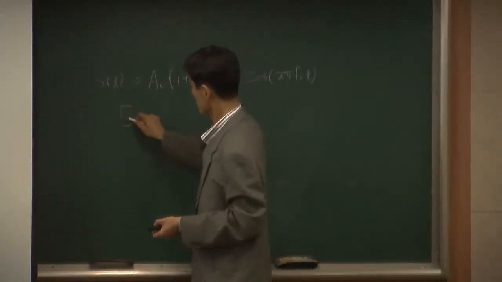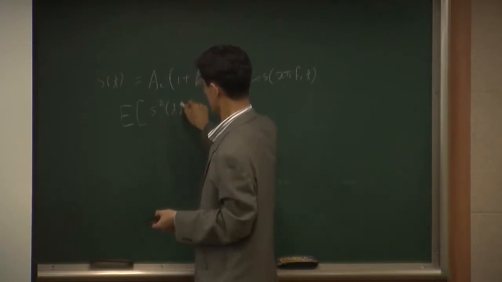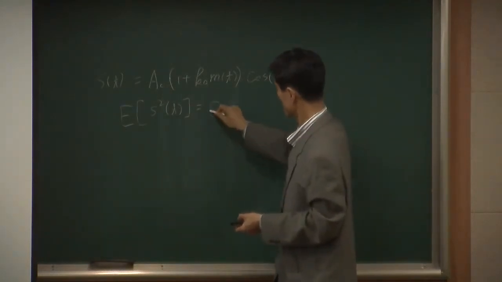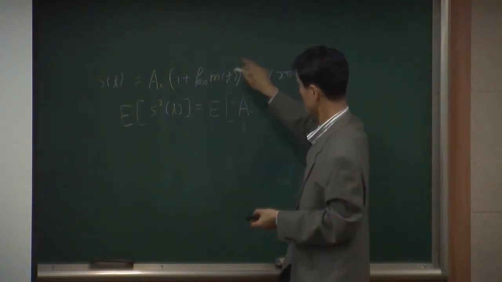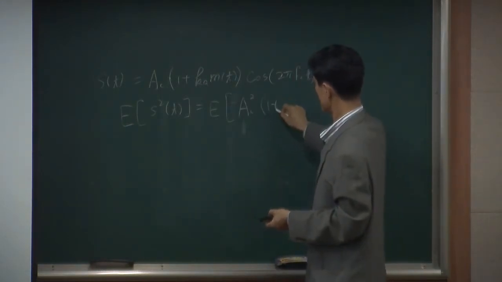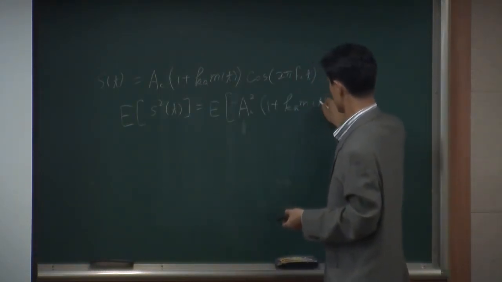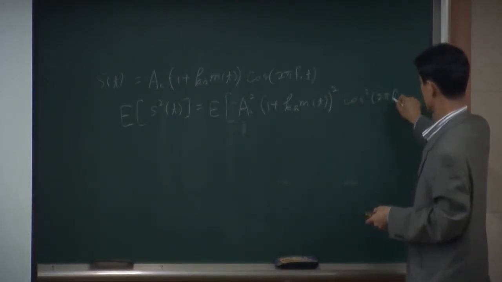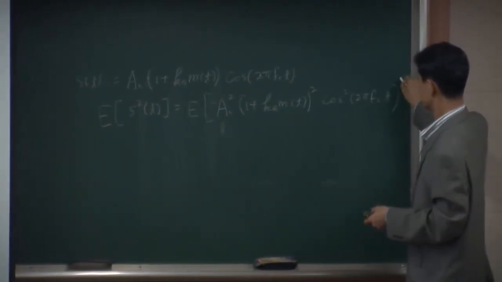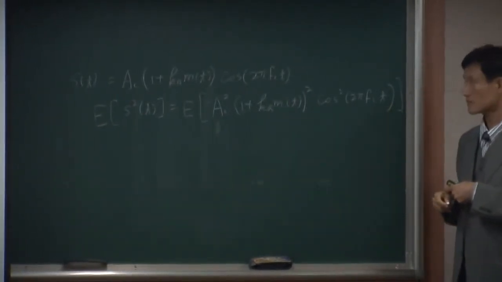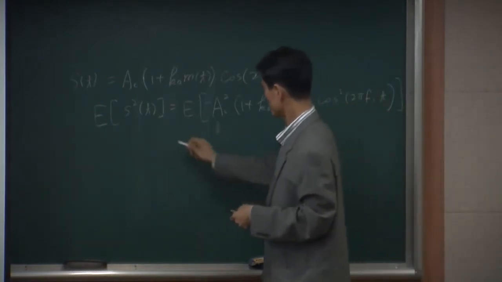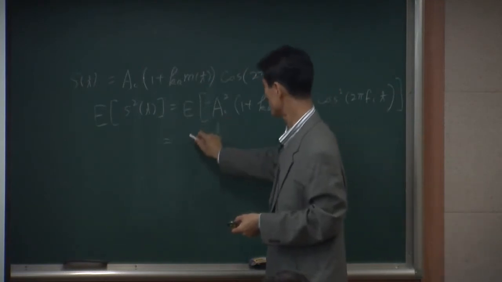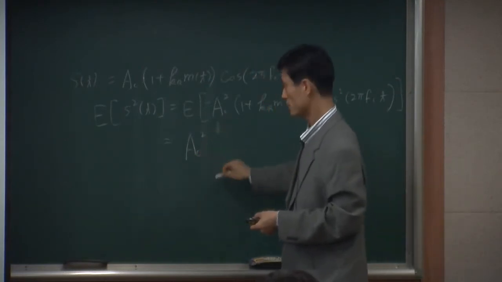Now what we want to calculate is this, because this is a signal power. So we need to do the expectation of the square of the whole thing, Ac squared, (1 plus ka m(t)) squared, and also cosine squared. So that's what we need to calculate. When you calculate this, an easy way to do it is, Ac is constant, so you can bring the constant out.